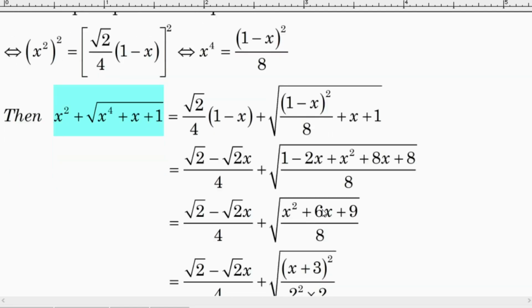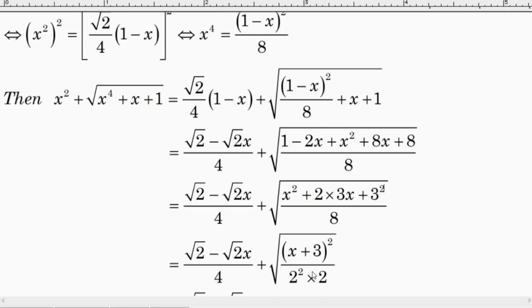So from here you can see that x squared plus, so 6x can be written as 2 times with 3, right? And then plus 3 square. That means 9 can be written as 3 square. So we can see that x square plus 2, 3x, and then plus 3 square. So that will be equal to x plus 3 all raised to square.